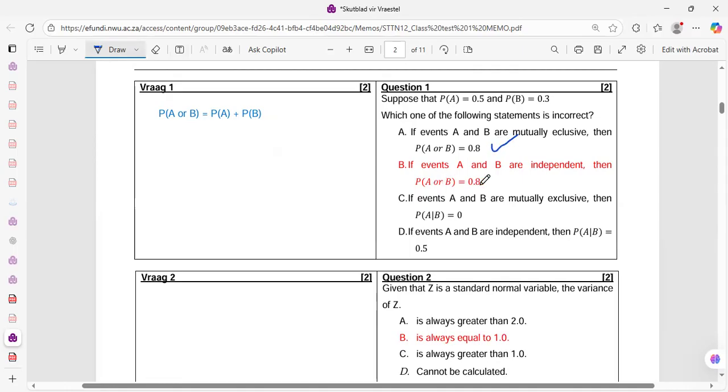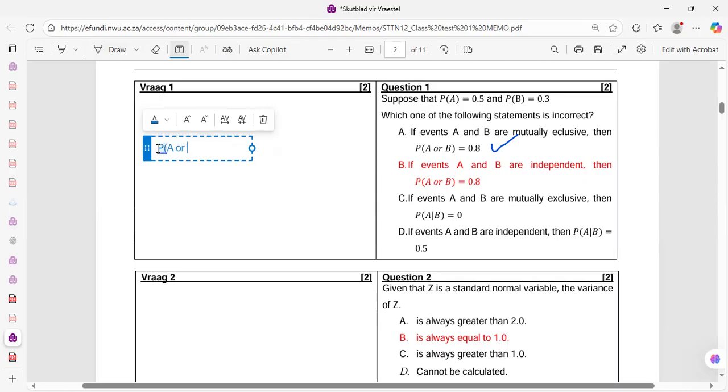If events A and B are independent, then A or B is equal to 0,8. Guys, an independent event goes hand in hand with non-mutually exclusive. What is the formula?